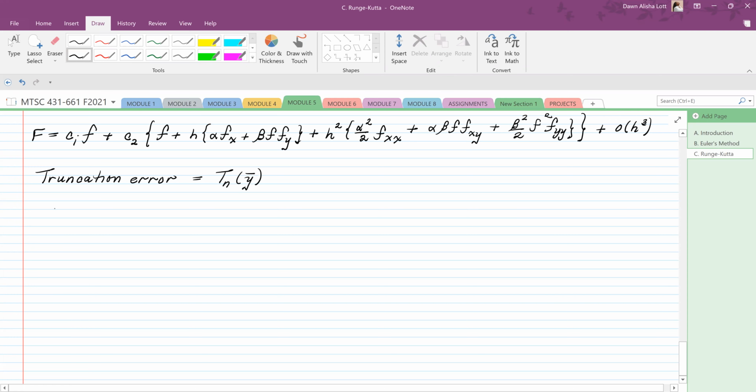So now we get Tn of y bar is equal to y bar of xn plus 1, that's the true value, minus y bar of xn minus h times f of xn y bar n.